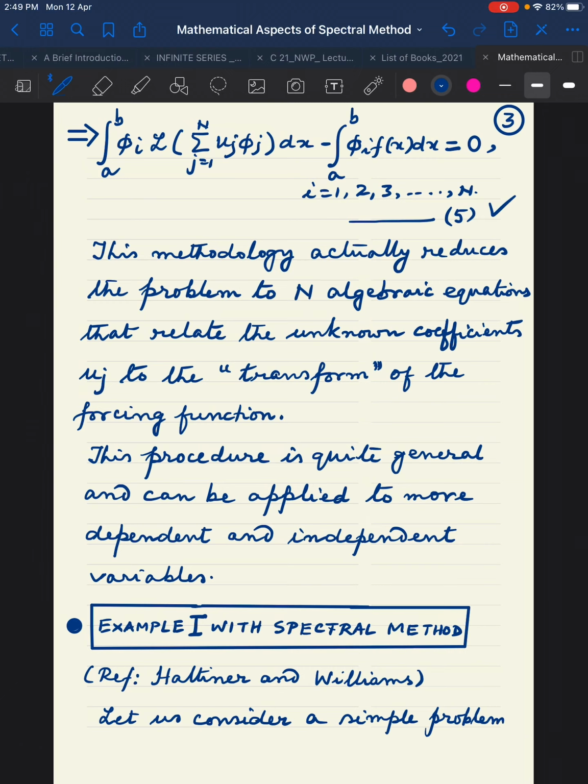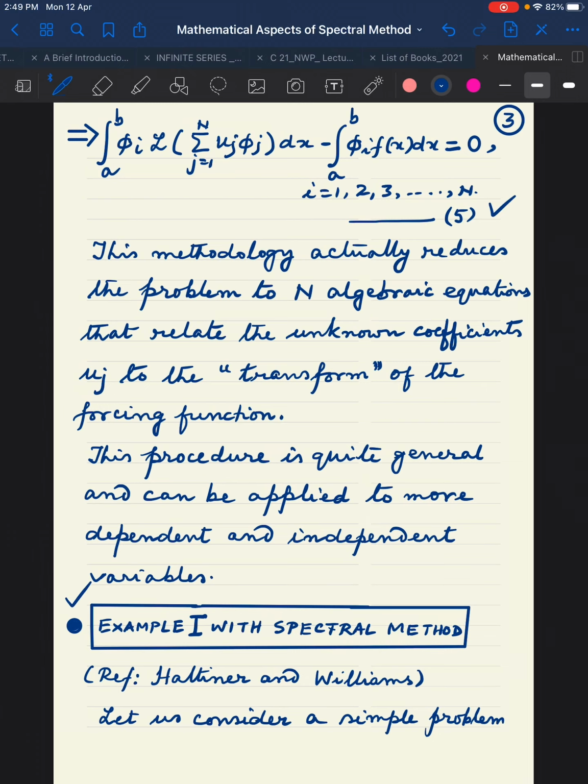This procedure is quite general and can be applied to more dependent and independent variables.